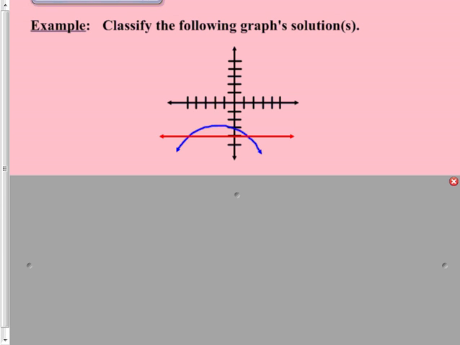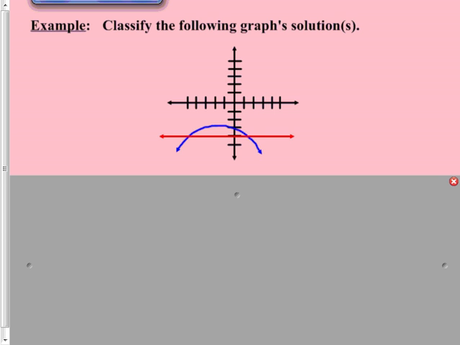You don't necessarily need to copy down the next 4 slides, but I would like you to participate mentally with me here. Classify the following graphs' solutions. A couple of things to notice. First off, we have 2 distinctly different graphs.